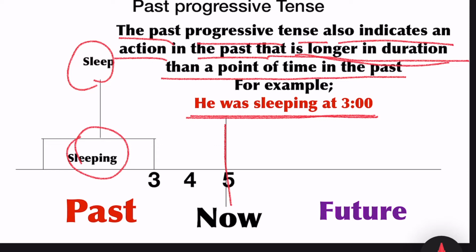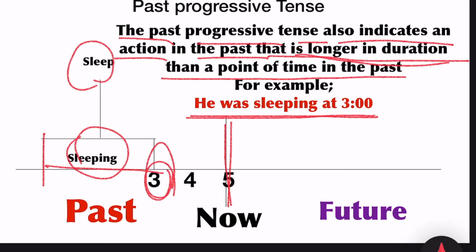This is now, present tense. The time is 5:43. At 3 o'clock in the past, he was sleeping. The action was started before 3 o'clock, maybe 1 or 2, and it continues for some time. It continues to a point of time, that is 3 o'clock. At 3 o'clock in the past, he was sleeping.